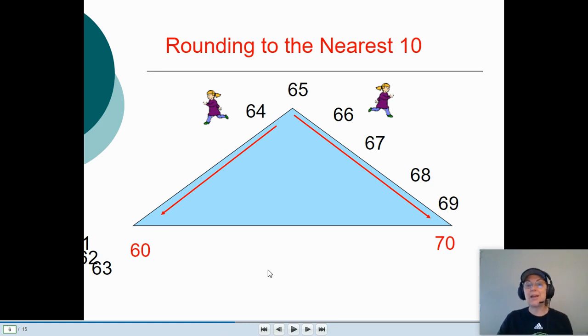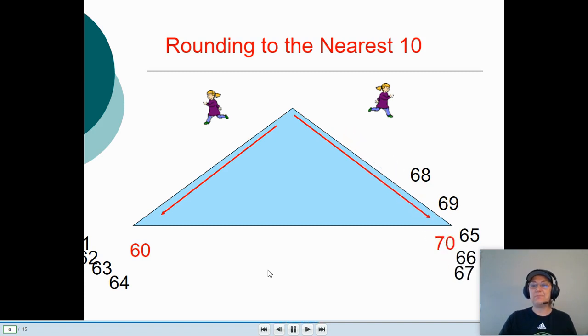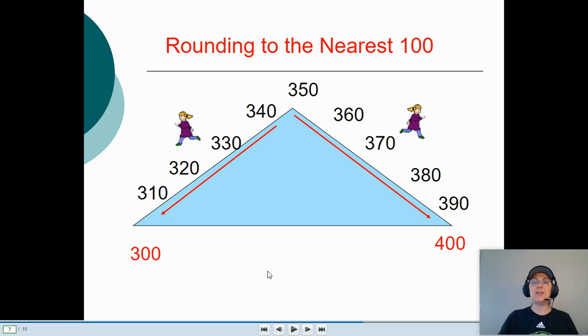All the numbers on this side of the hill are going to round back to 60. Now, anything on the right side of the hill is going to round to 70. It's going to slide down to that 70. Just another way to think about it with a picture of sliding to that rounded number.